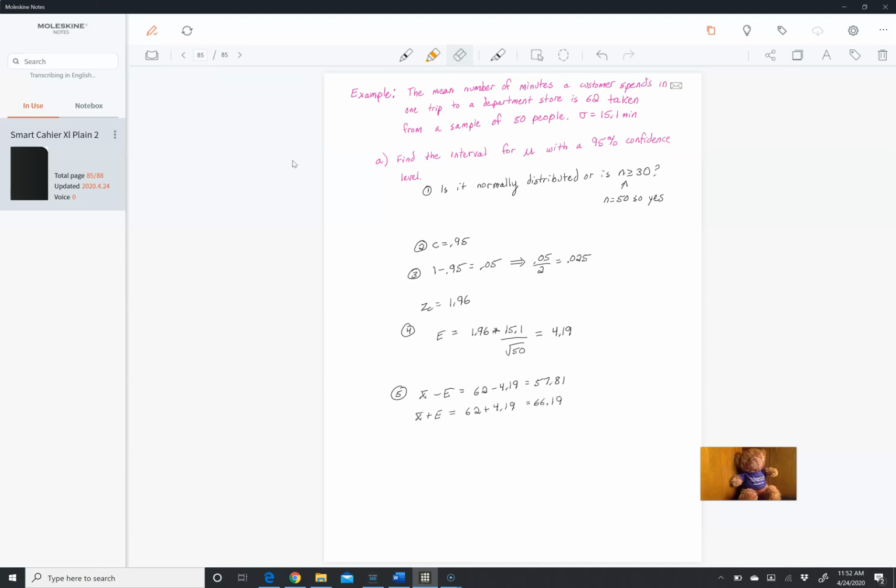So our population mean falls between 57.81 and 66.19. So again, there's a 95% chance that it falls within this range.